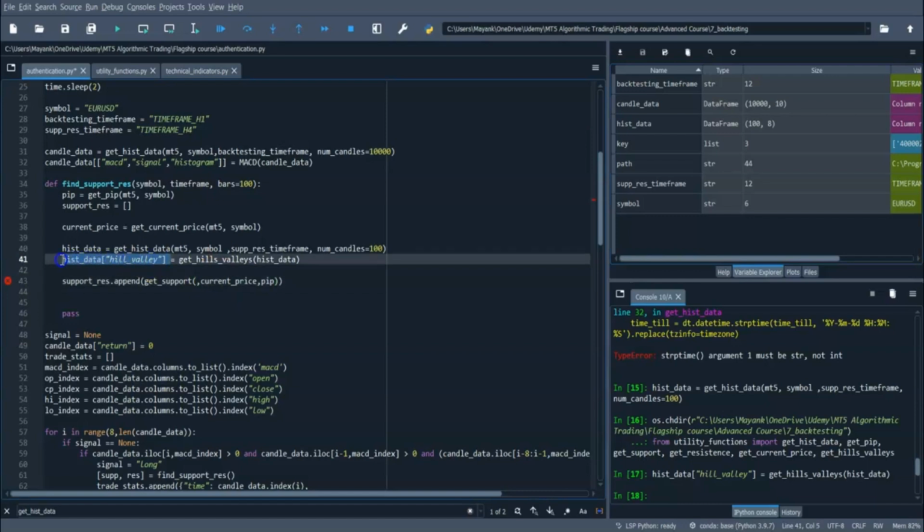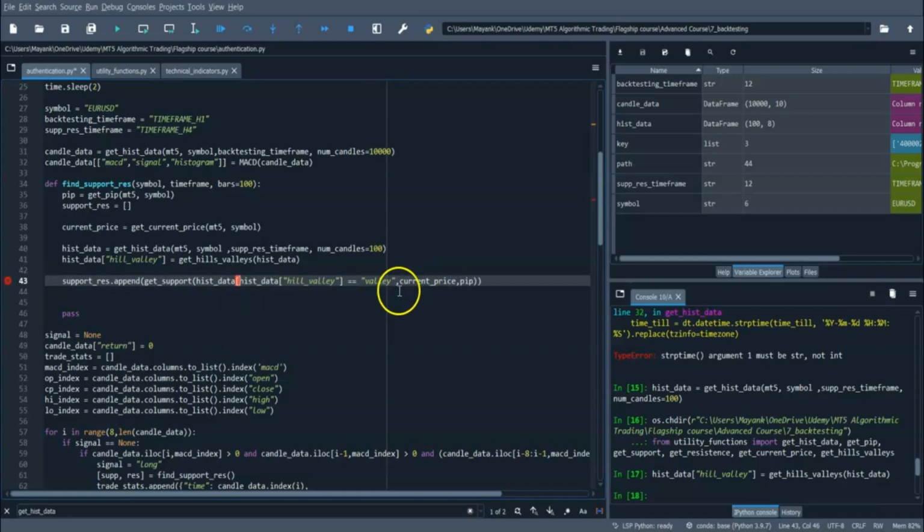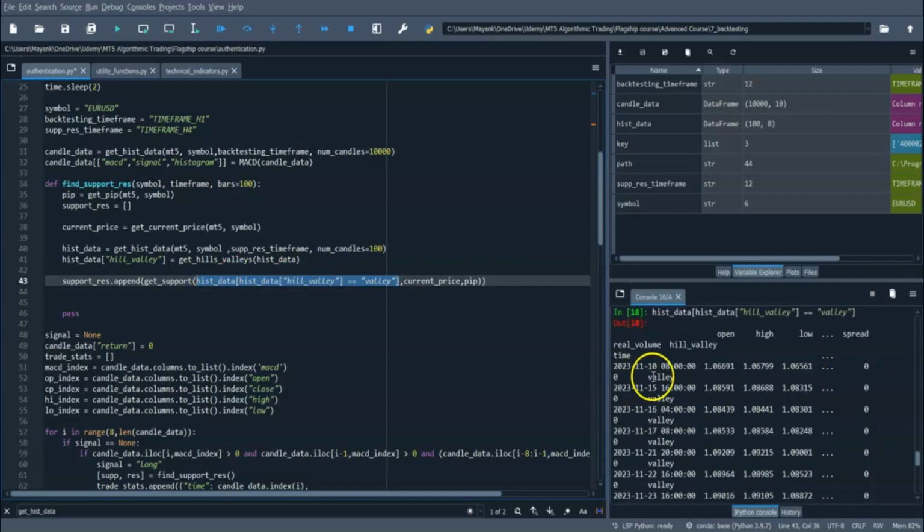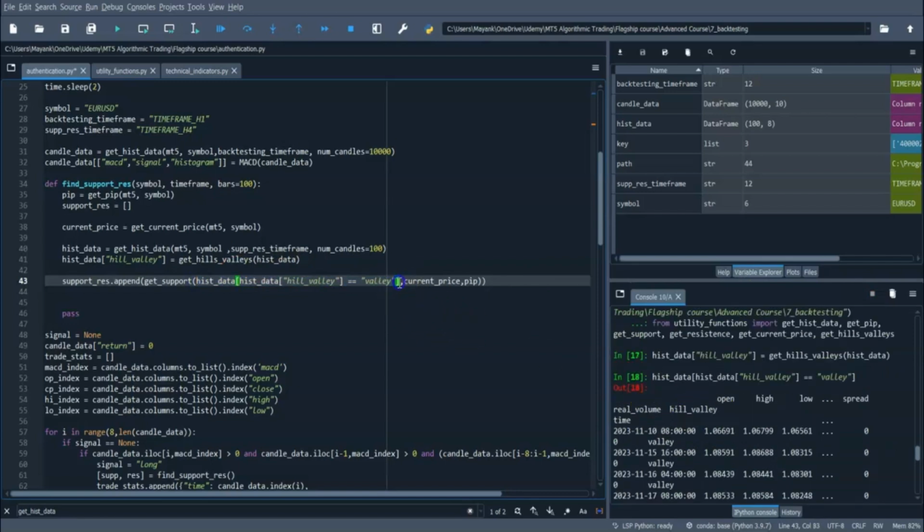So hist data hill valley is equal to valley, and then select all the rows where this is true. So if I run this part of the code, you will see only the rows where we have this as value. Alright. Now I only want the low column. So dot low.